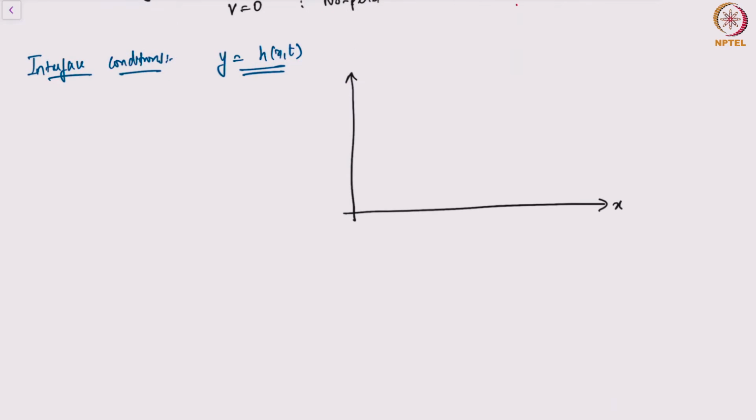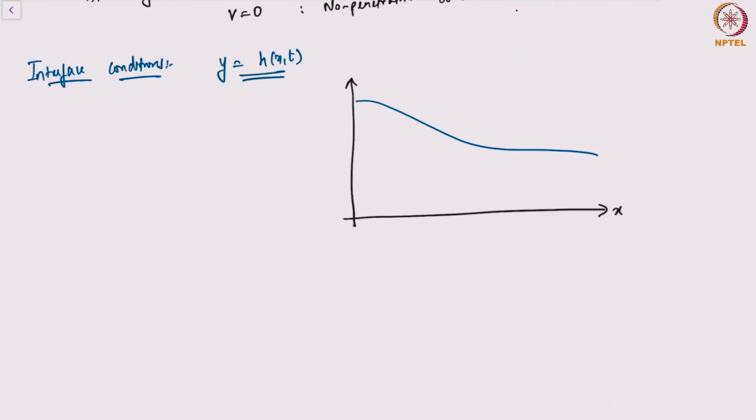So I have an arbitrary interface like this. Now on this arbitrary interface, I have a unit normal vector and a tangent vector.